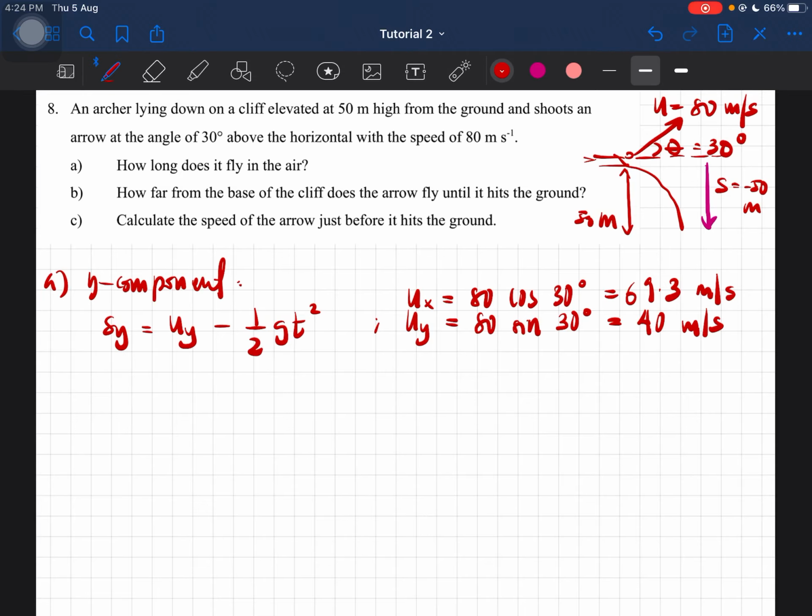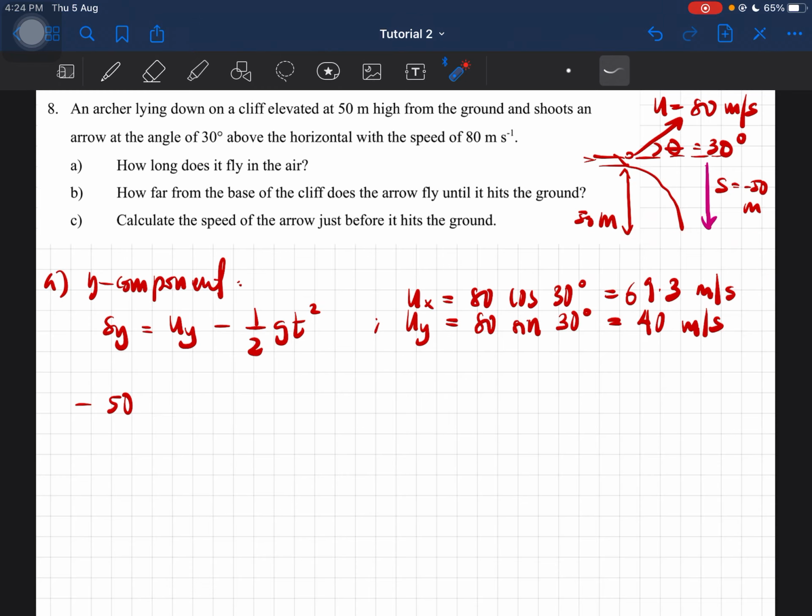Okay, correct. Okay, now let's look at the time of flight. How long does the arrow fly in the air? So we have sy to be negative 50. This is sy. Why? Because it is now in the vertical. If x, sx, it is at the horizontal.